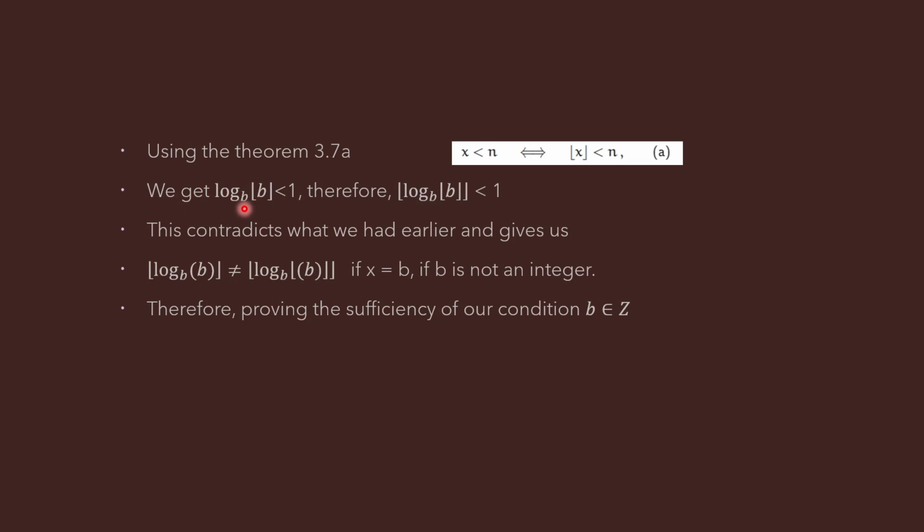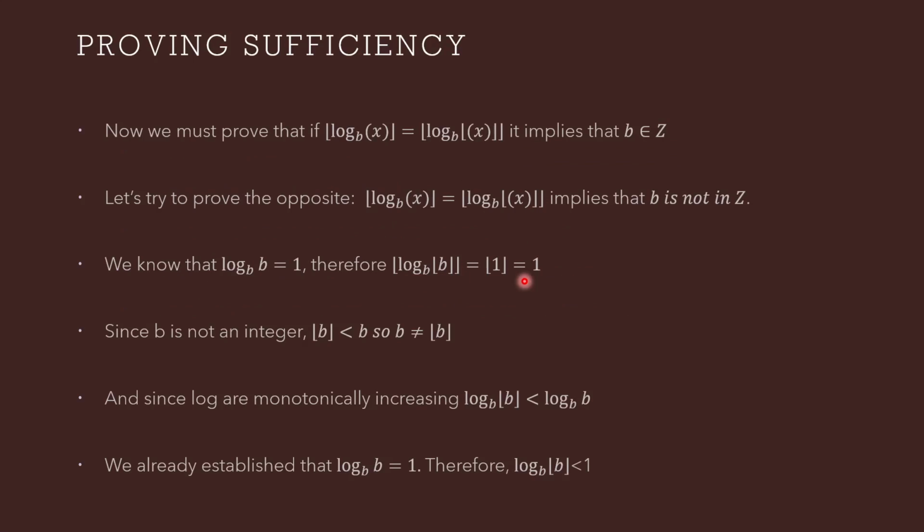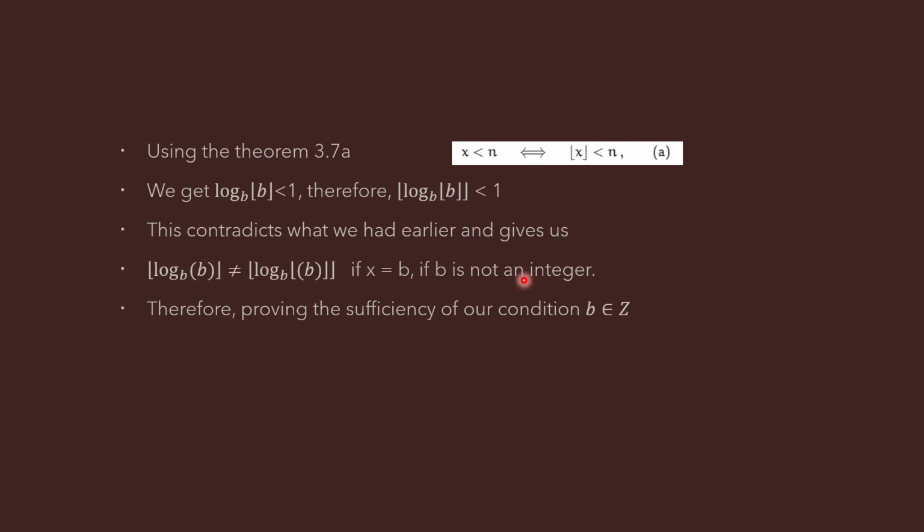So we get log base b of floor b is less than 1, therefore floor of log base b of floor b is less than 1 as well, which contradicts what we showed earlier, which is that it is equal to 1. So this contradicts what we had earlier and gives us that our theorem is wrong if b is not an integer, therefore proving the sufficiency of our condition that b is indeed an integer.